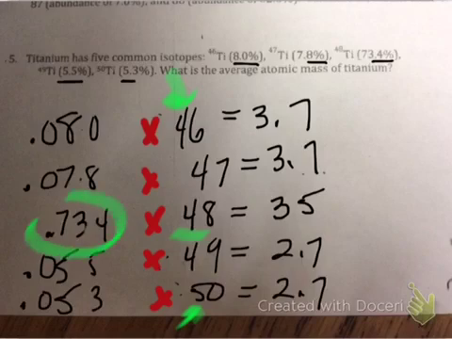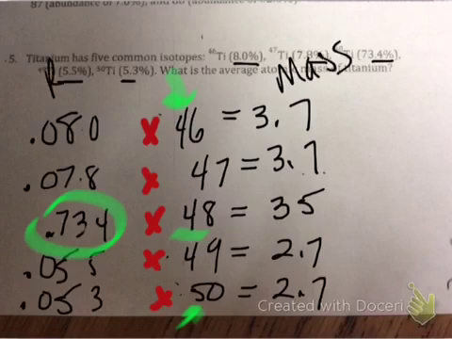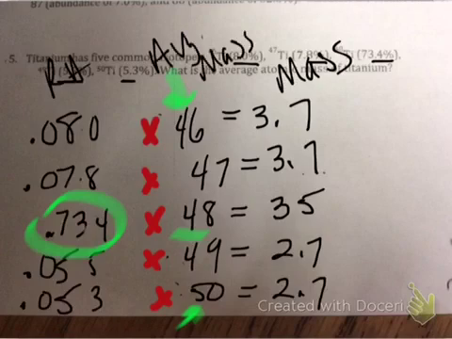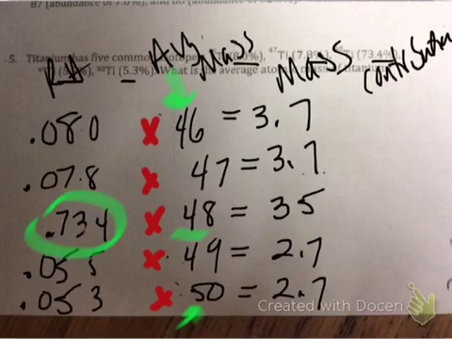So we had 73.4%. These are all the mass contributions, and I got them by doing the relative abundance times the average mass. What I need to do with these is add them all together. Okay, so I'm just going to do that real quick.